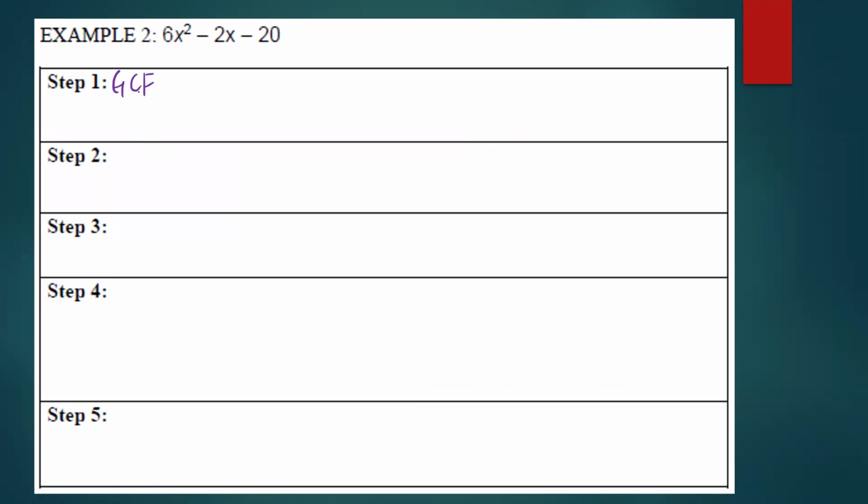Is there a GCF here between 6x squared, 2x, and 20? 2. So we have our GCF, and we're going to factor out the GCF. So this leads us to 2 factoring out, and I'm dividing everything by 2. So we're left with 3x squared minus 1x minus 10.